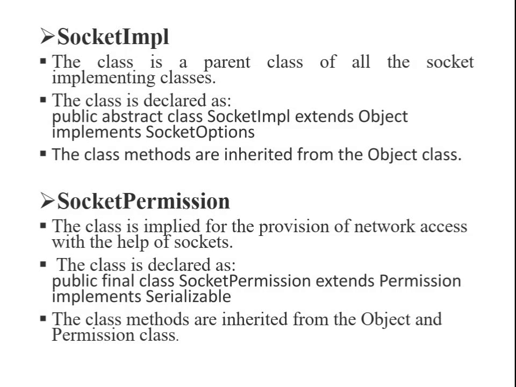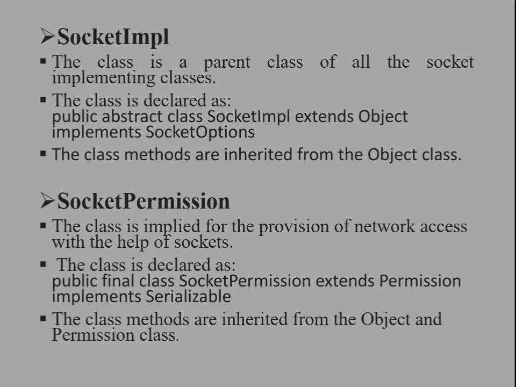Next one is SocketPermission. The class is implied for the provision of the network access with the help of the socket. The class is declared as public final class SocketPermission extends Permission implements Serializable. The class methods are inherited from the Object and Permission class.